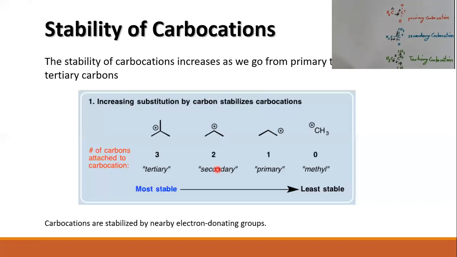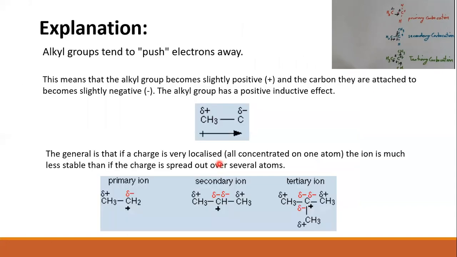So this little slide shows it to you, and this one more or less explains it with my alkyl group, my methyl group, pushing that bonding electron pair closer to the carbocation. They call this a positive inductive effect. So go through it, look at it.